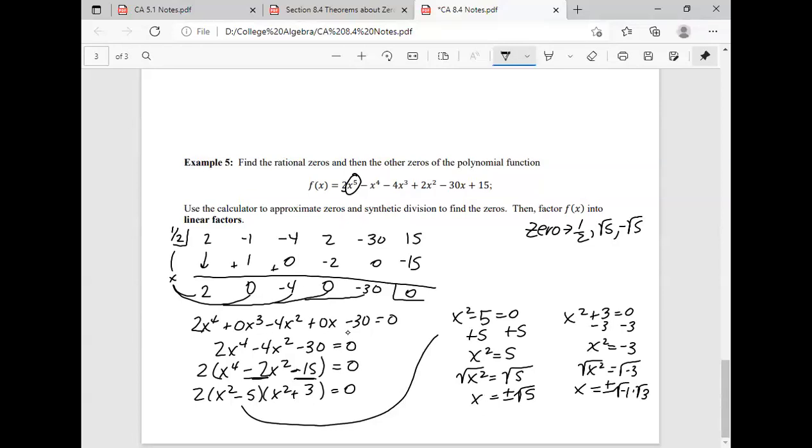So it's really negative 1 times 3. And what's the square root of negative 1? Yeah, so this is plus or minus i times the square root of 3. So my other two roots are i square root of 3 and negative i square root of 3. There's my 5 roots.